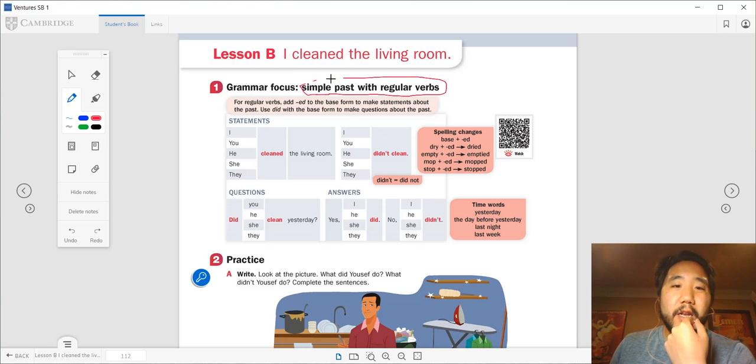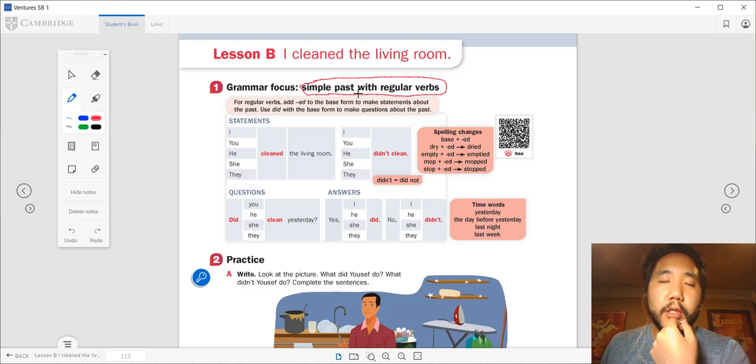Also, this is kind of similar to what we learned in Unit 8, which was about simple past of be words called was and were, and we use them to talk about our occupation in the past. So, for example, I was a teacher.